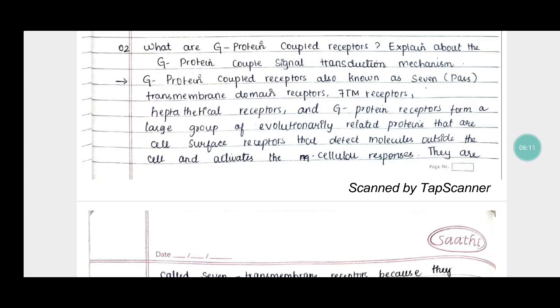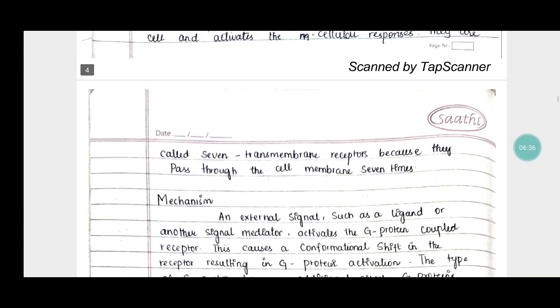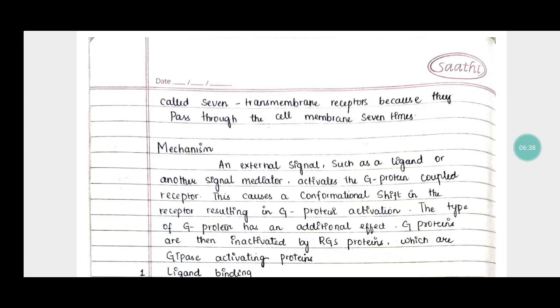The 7 transmembrane receptors, heptahelical receptors and G protein receptors form a large group of evolutionarily related proteins that are cell surface receptors that detect molecules outside the cell and activate cellular responses, and they are called 7 transmembrane receptors because they pass through the cell membrane 7 times.